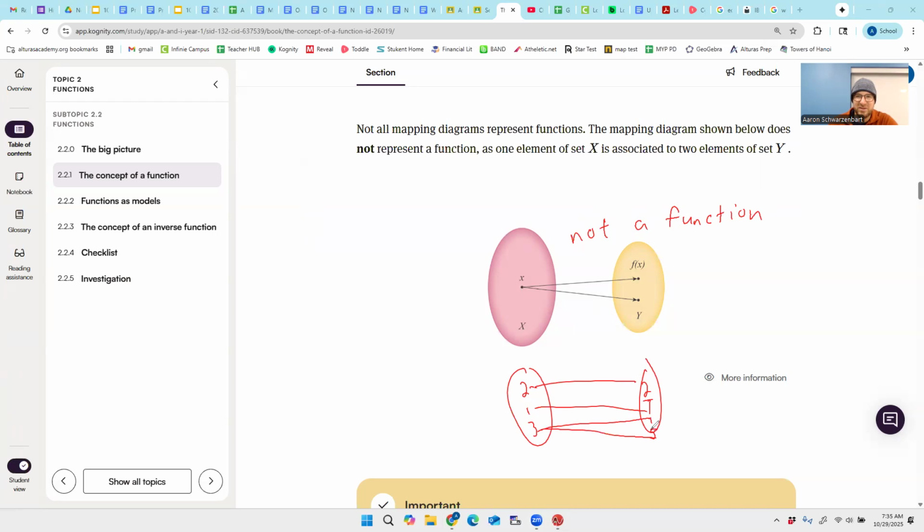This one is not a function because 3 goes to both 1 and 5.